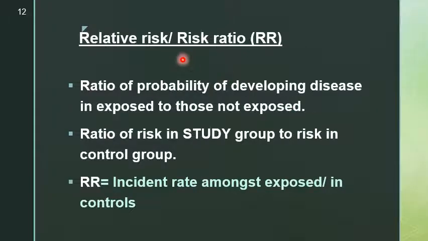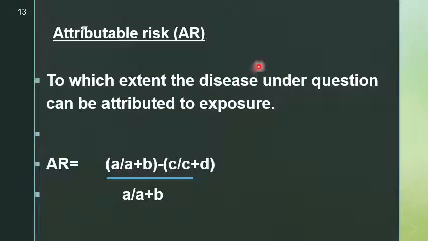So I have already told you that relative risk or risk ratio will be calculated. That means the ratio of probability of developing disease in exposed people to those who have not been exposed, right? Then attributable risk can also be calculated. That means to which extent this lung cancer will be attributed to smoking. So that is known as attributable risk. You don't need to remember the formula.